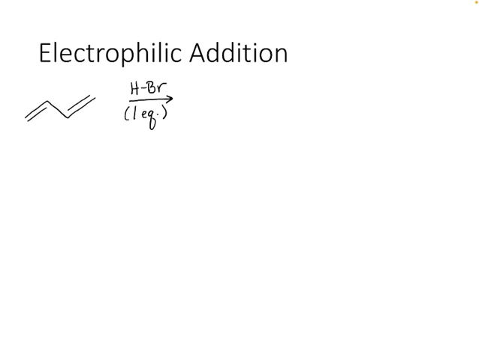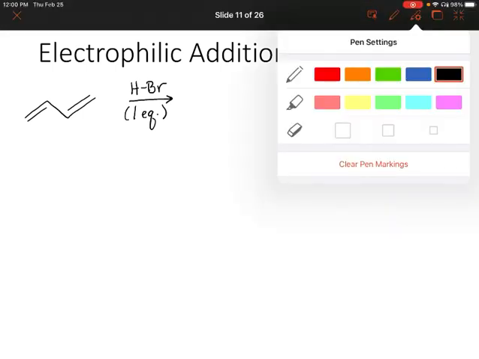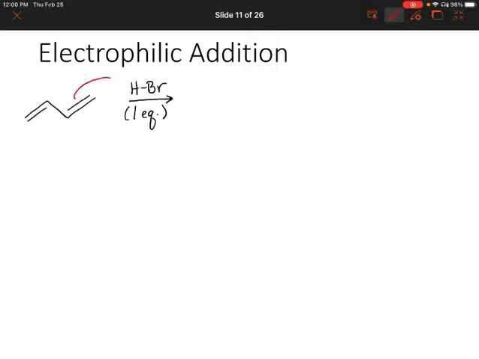What would happen first? Remember, in addition reactions, the double bonds in our molecule are very electron rich, so they can donate electrons to something, and in this case, it's going to grab onto the hydrogen on our acid, and we'll leave behind electrons on bromine.